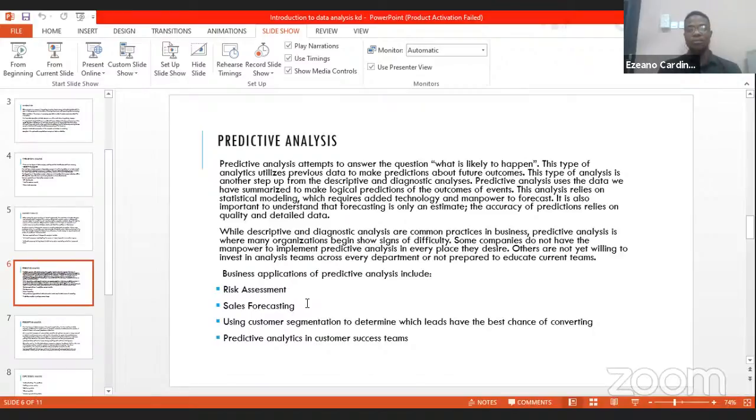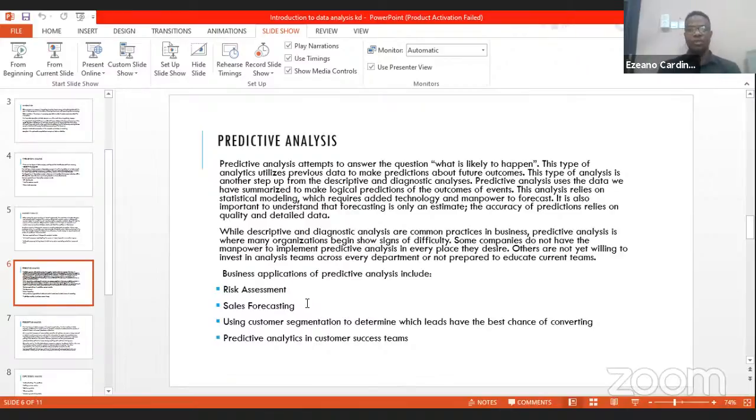So the business applications of this particular kind of data analysis are in risk assessment, sales forecasts, and using customer segmentation to determine which leads have the best chance of converting products. Actually, predictive analytics is also used in customer success teams.